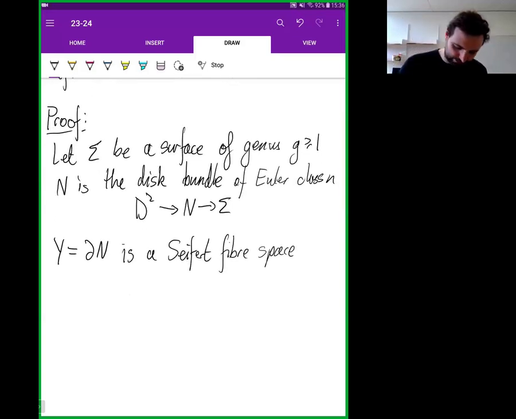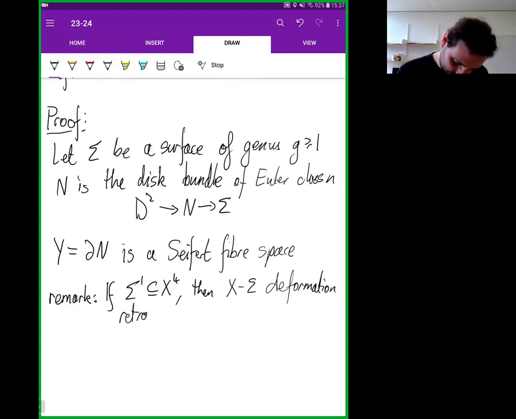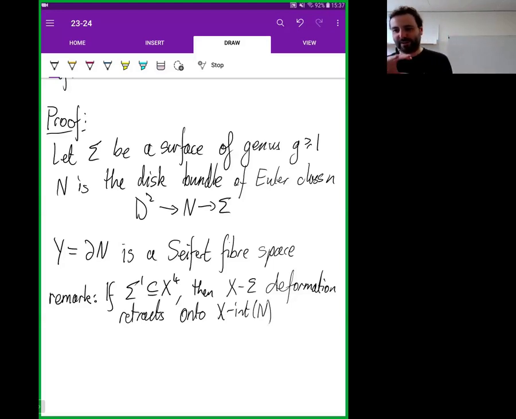And just a remark, I guess. We have this notation: if sigma prime is in some four-manifold X, then X minus sigma prime deformation retracts onto X minus the interior of N. Here I'm thinking of N as the tubular neighborhood of my surface.